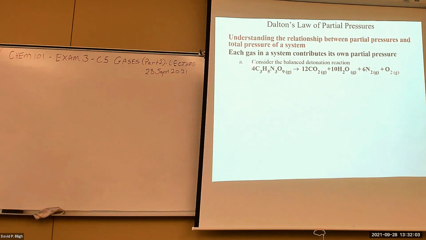So 4 moles of nitroglycerin as a gas decomposes explosively. I mean, it's really fast. And it goes from 4 to 12 plus 10, 22, 28, 29 moles. It goes from 4 to 29 moles of gas like that. That's why nitroglycerin is so good as an explosive.